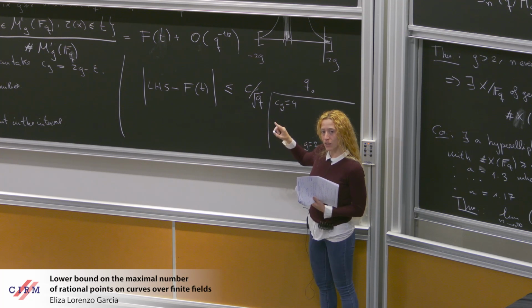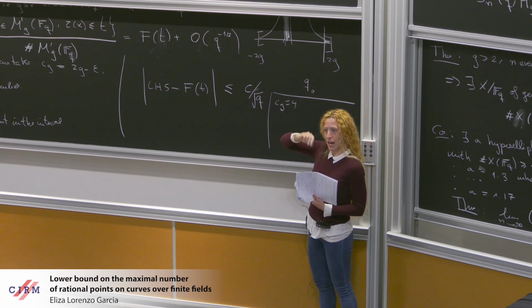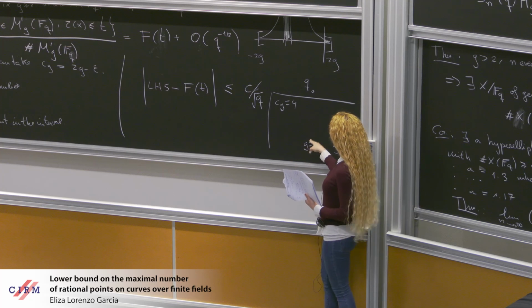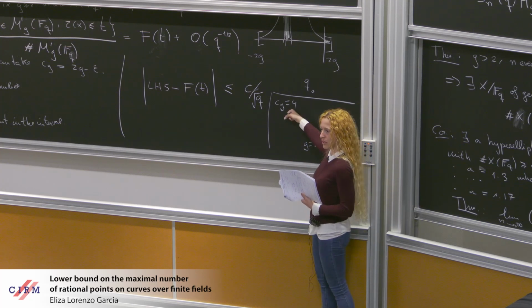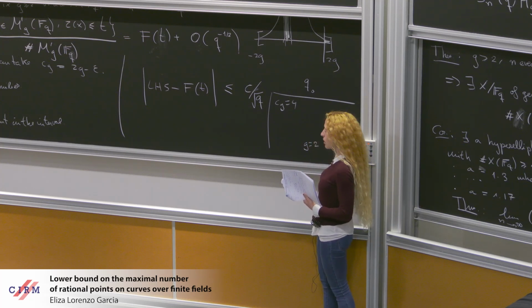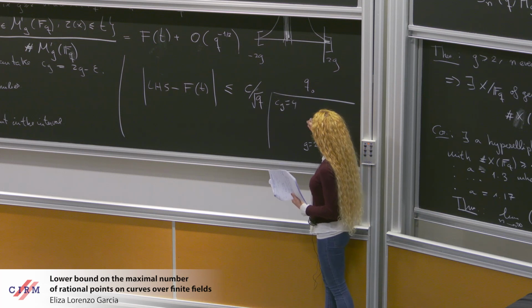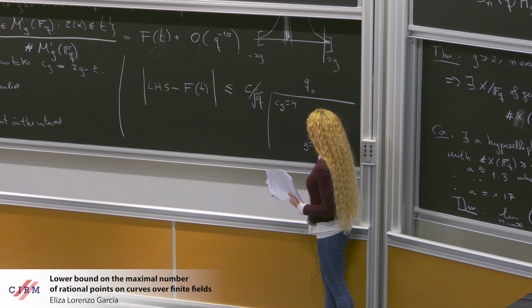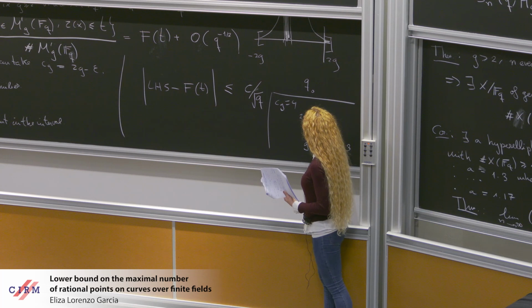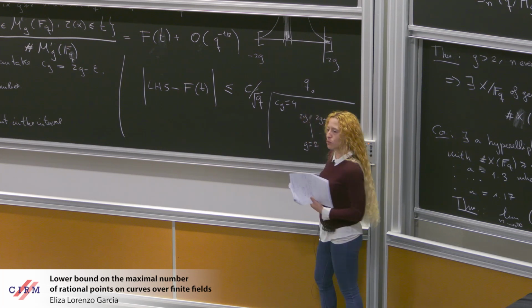And now you do a recursive argument: if you start with such a curve that gives you that constant for genus 2 or 3, then you know how to construct over it a curve of genus 2g and a curve of genus 2g plus 1.